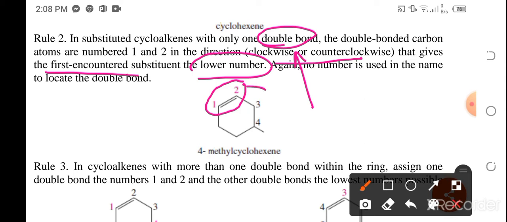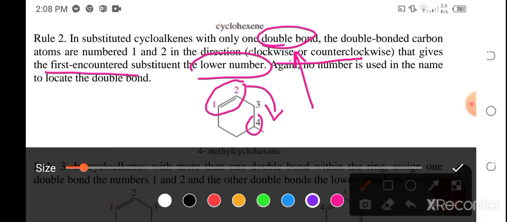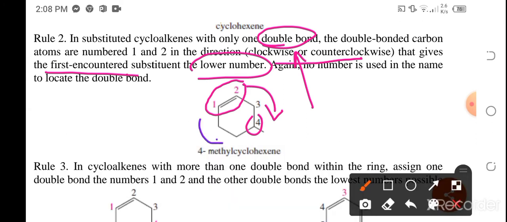Then you could start numbering clockwise such that this would be carbon number 4. Or you could start counting counterclockwise such that this is 1 and that would be 2, 3, 4, however this would be 5. So nakita natin that the first encountered substituent could either be on the 4th or on the 5th carbon atom. So we are choosing the lower one.